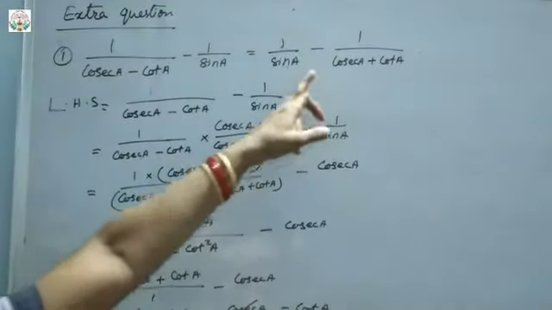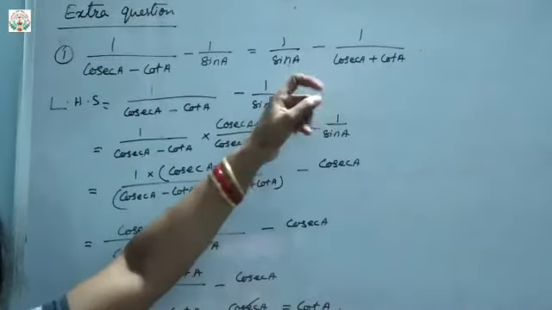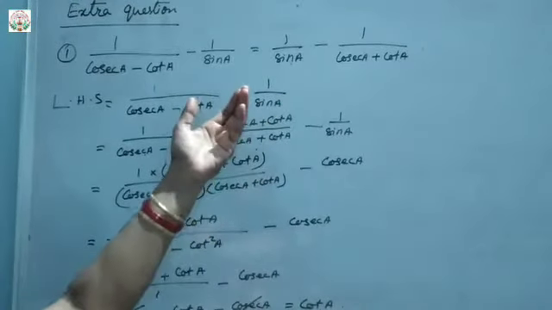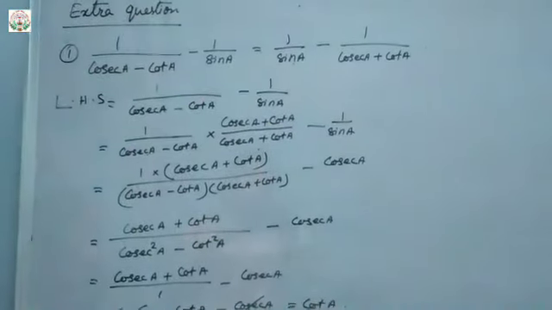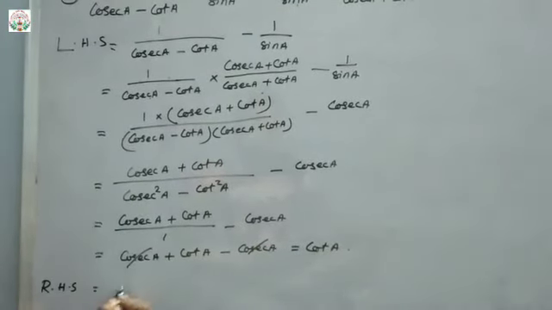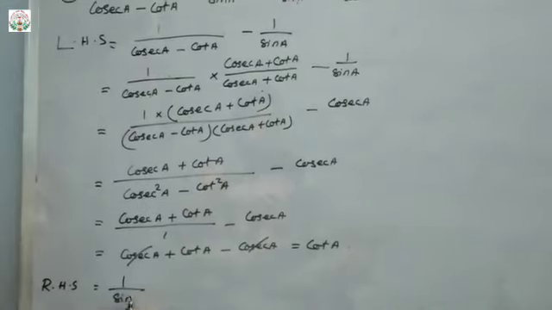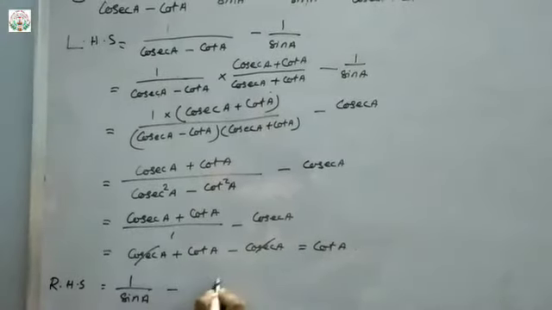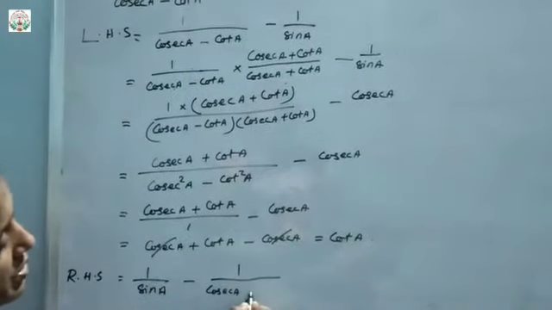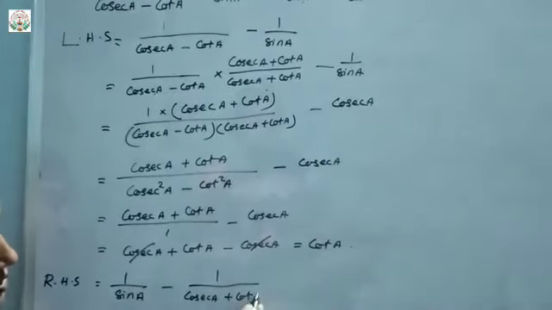But we know that the RHS is not likewise. So again we will also start from the RHS side. Okay, start proving from RHS, we will get the same value here. So now take RHS as 1 upon sin a minus 1 upon cosec a plus cot a.